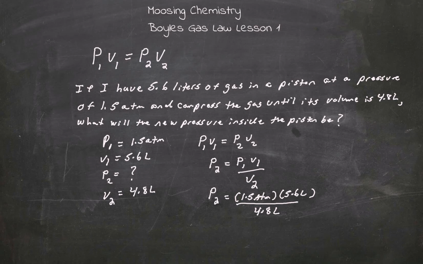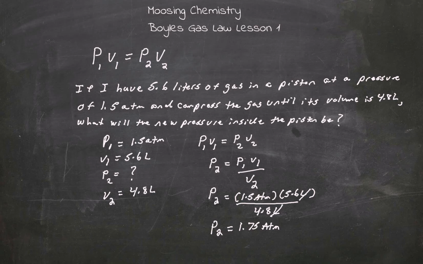And our new answer for our new pressure is going to be 1.75 ATM, because our liters will cancel out. And that's how you do a Boyle's Law gas problem.